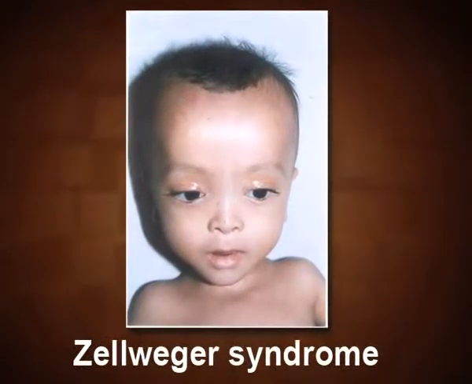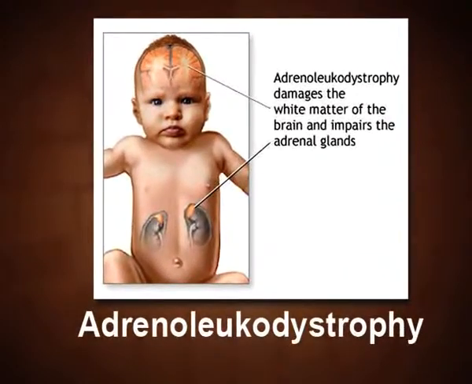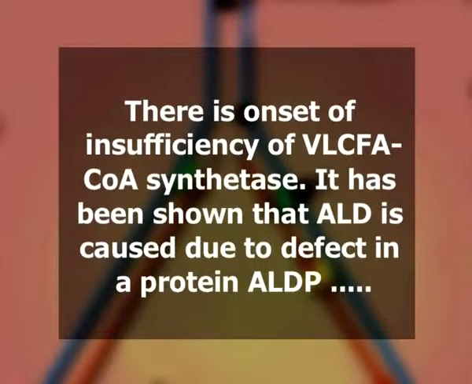In ALD disease, which is the most common inherited peroxisomal disease at mid-childhood, there is onset of insufficiency of VLCFA coenzyme A synthetase.